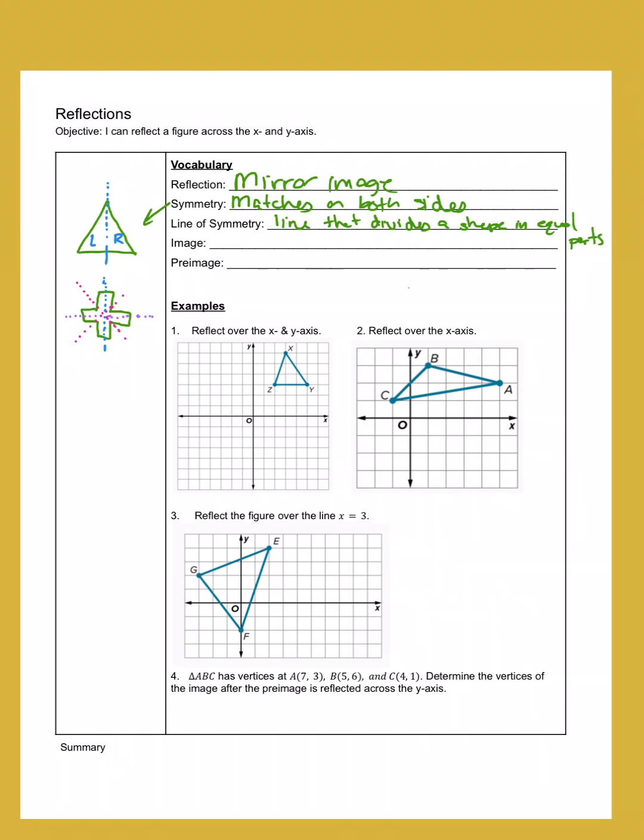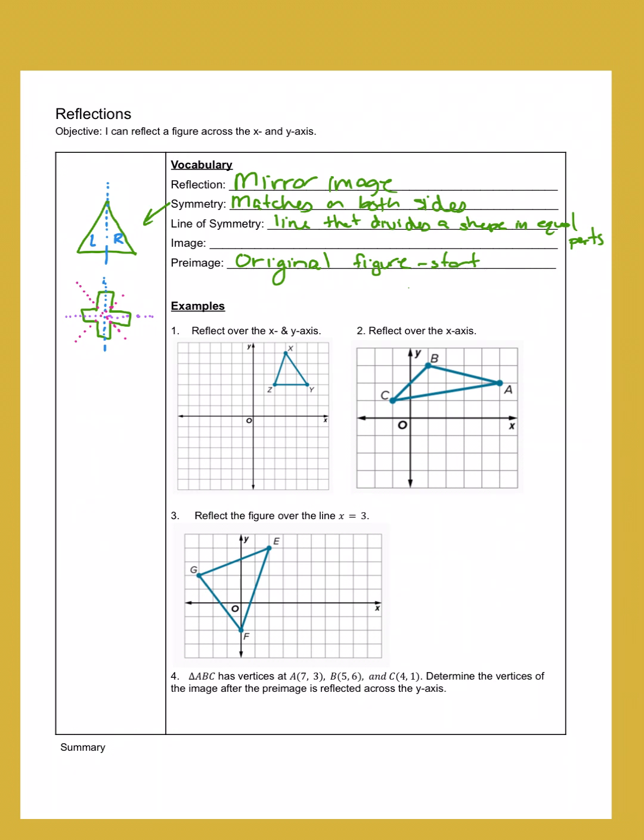And then when we're talking about transformations, we're going to be talking about an image and a pre-image. Let's start with the pre-image. The pre-image is your original figure. That's what you start with. It's like pre's, before you've done anything.